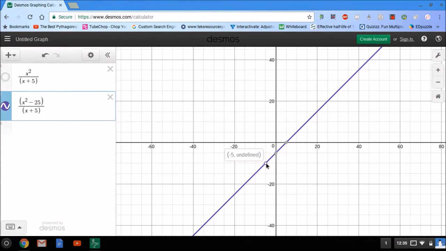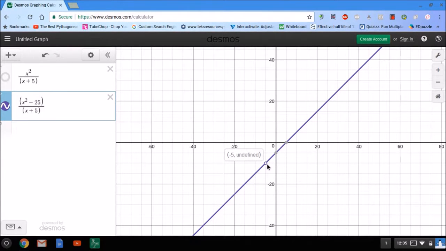When I hover my mouse over -5 on this graph, it doesn't give me a y value. It says that the graph is undefined at -5. That's what a hole is. It means that if you try to put -5 in for x, you're not going to get a value out of it. On a calculator, it will show as undefined.